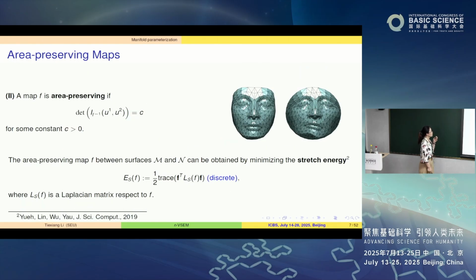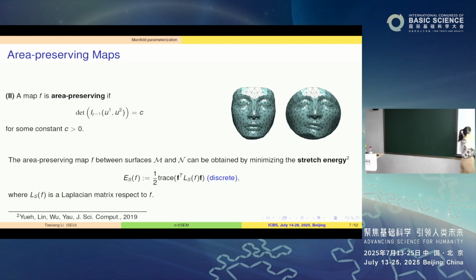For the area preserving map, we say a map is area preserving if the determinant of this matrix is a constant C. From the optimization model, the area preserving map between surfaces from M to N can be obtained by minimizing the structure energy.